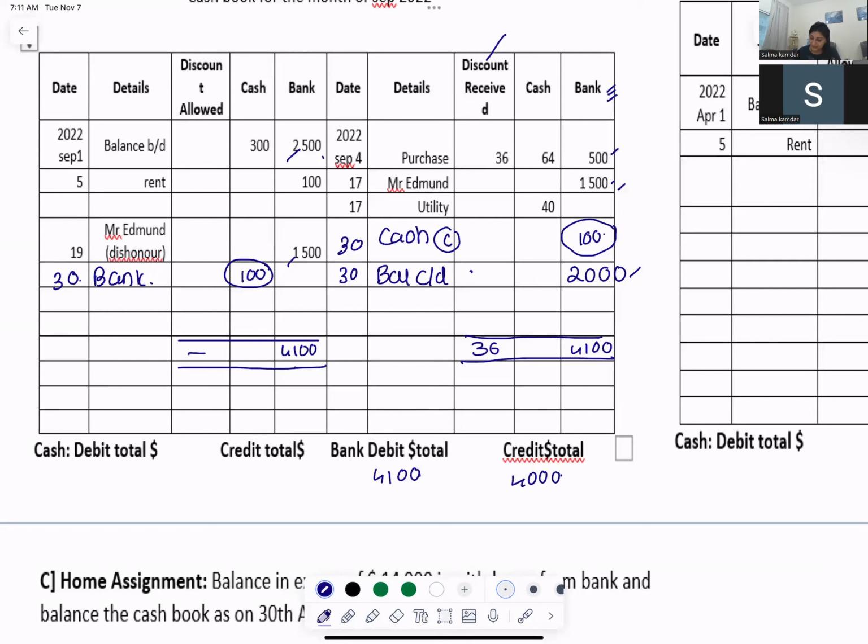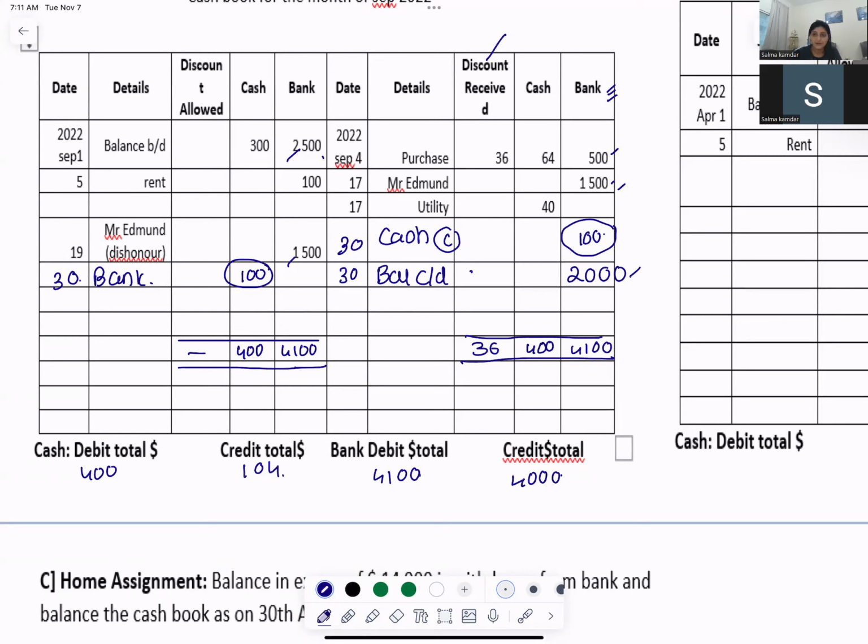Now I will close the cash account. What is the debit total of cash? 400. Cash account will always have a debit balance. What is the credit total of cash? It is 104.